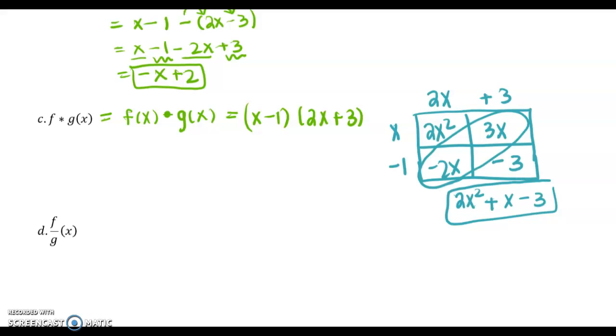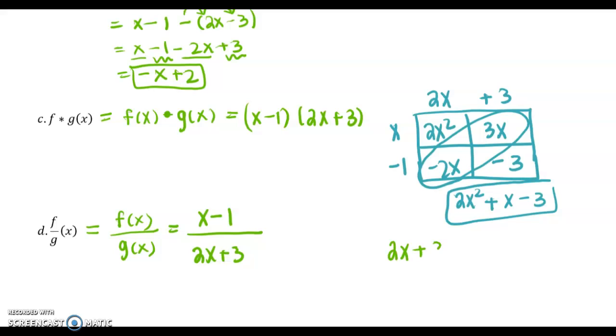Alright, and lastly we have division. So this is the same thing as saying f of x divided by g of x. And we're going to go ahead and substitute x minus 1 on the top and 2x plus 3 on the bottom. Now we just have to make sure that the denominator is not 0.